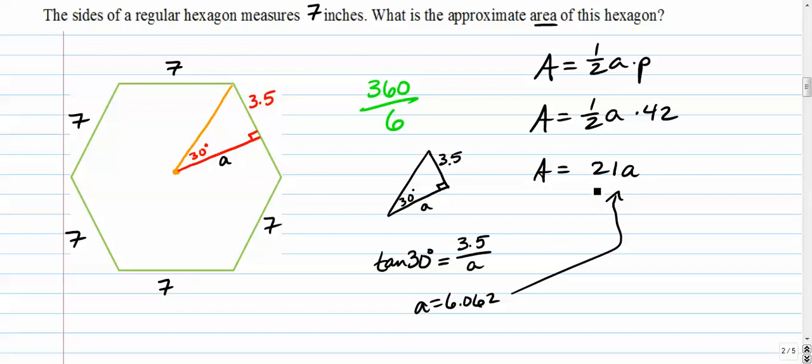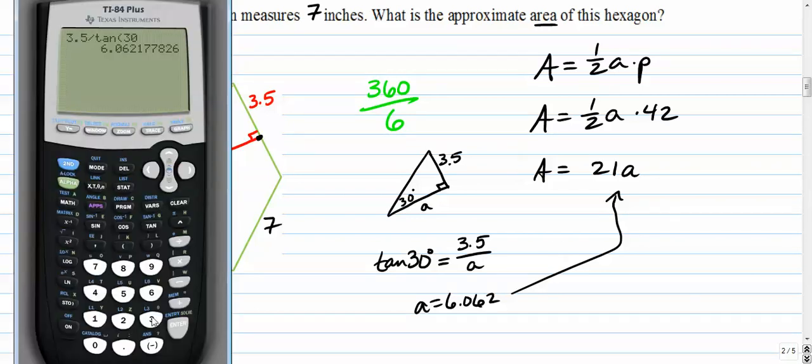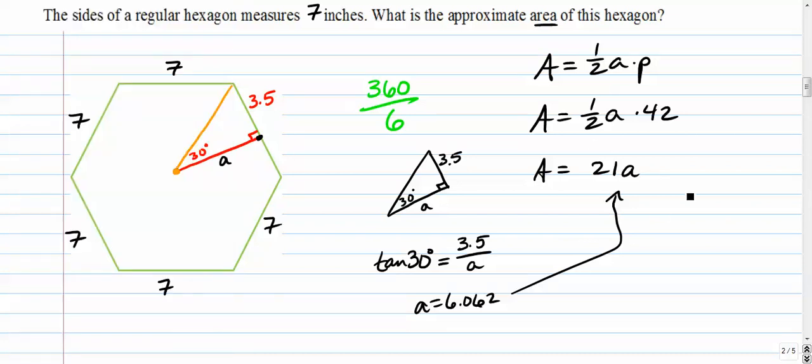That's your apothem right there. Again, it's a segment that goes from the center of the regular polygon to the midpoint of any side. So all you do is take 21 times that number, and you are good to go. That'll be your area, 127.306. And again, we're in units squared, whatever unit you're in.